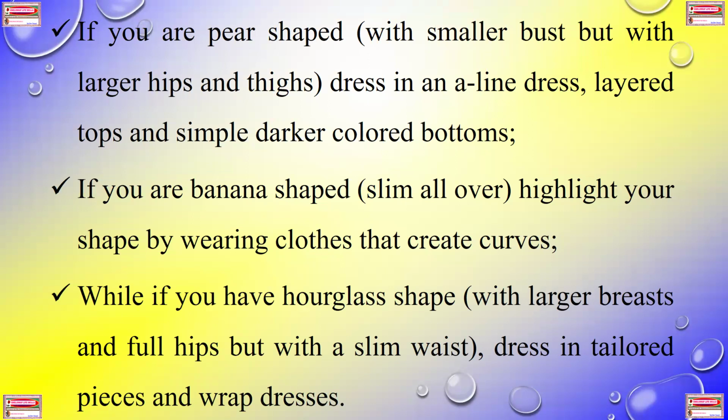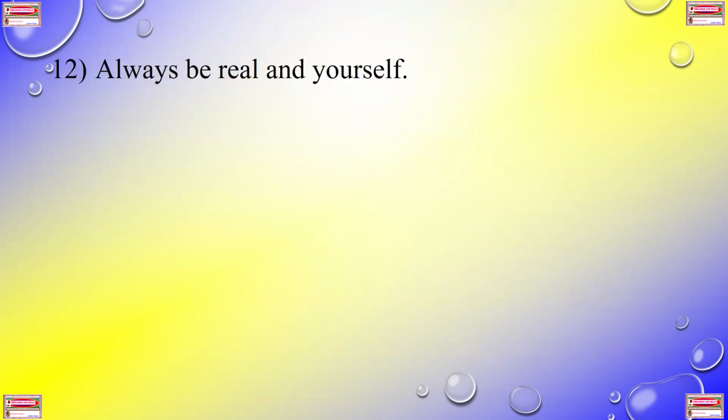The other type of body shape for ladies is called hourglass. So if you have an hourglass shape, that is, you are a lady with larger breasts and full hips but with a thin or slim waist, then you need to dress in tailored pieces and wrap dresses.